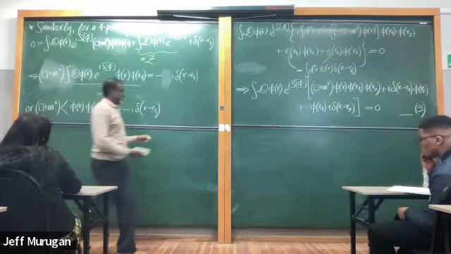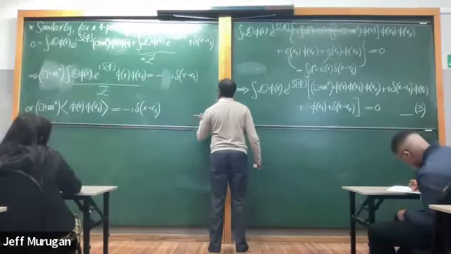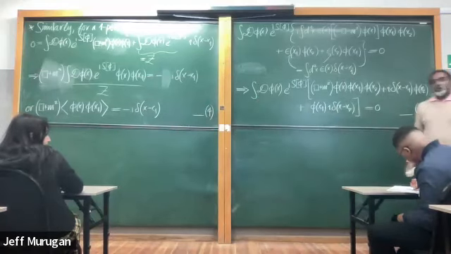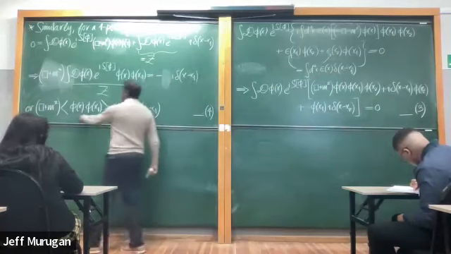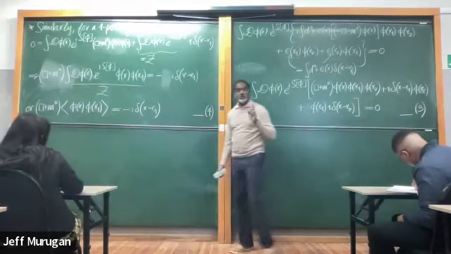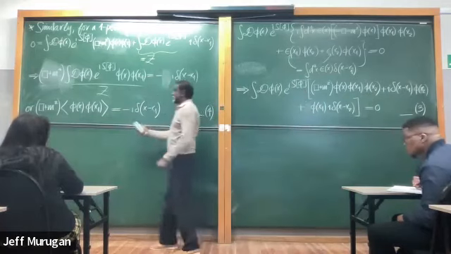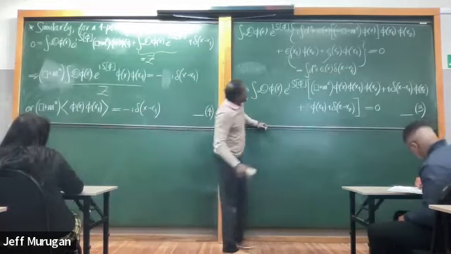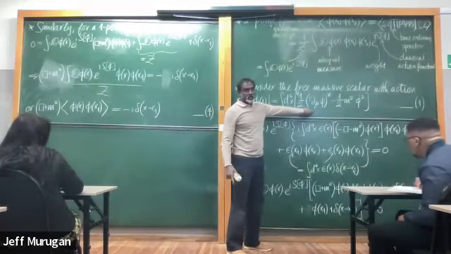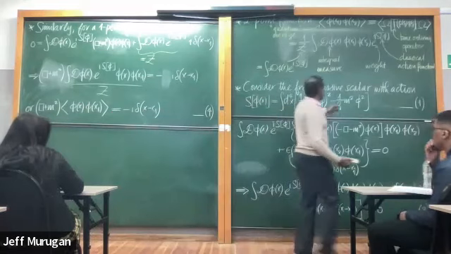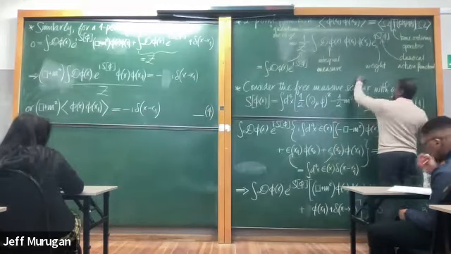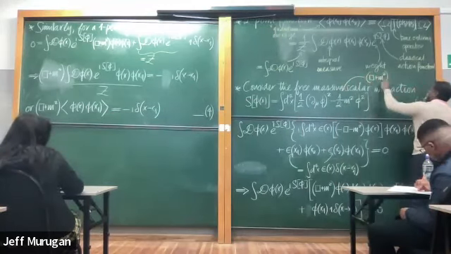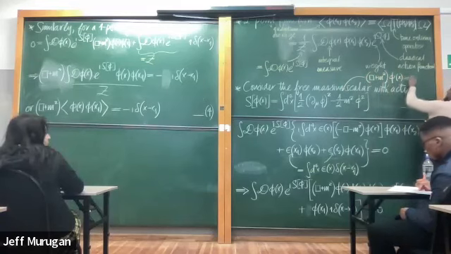So let's stop and take stock of what we've done. What have we shown? We have shown that this 2-point function, as long as x1 is not equal to x, satisfies the classical equation of motion. The classical equation of motion associated to this action is simply box plus m squared phi of x equals 0.